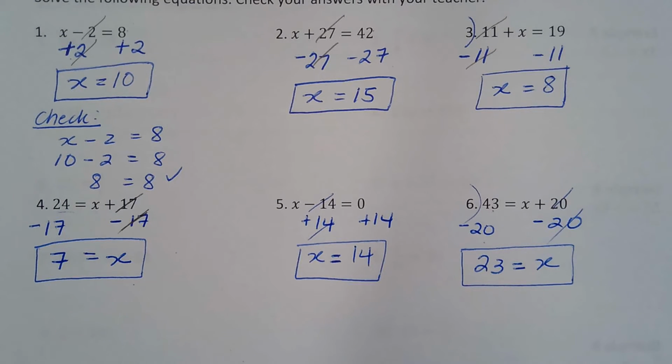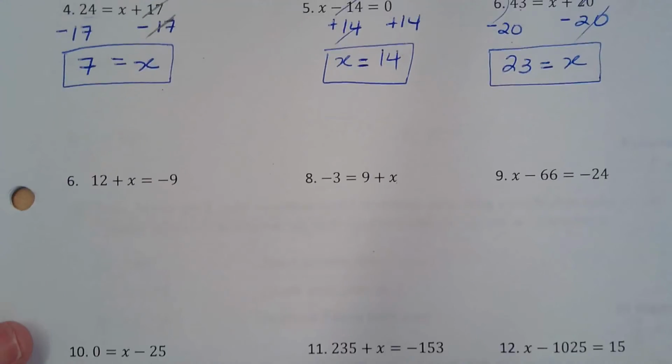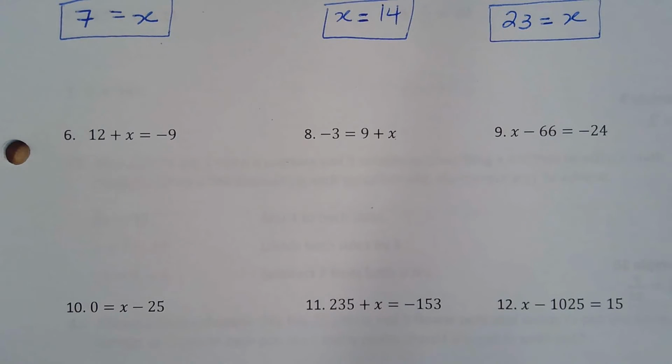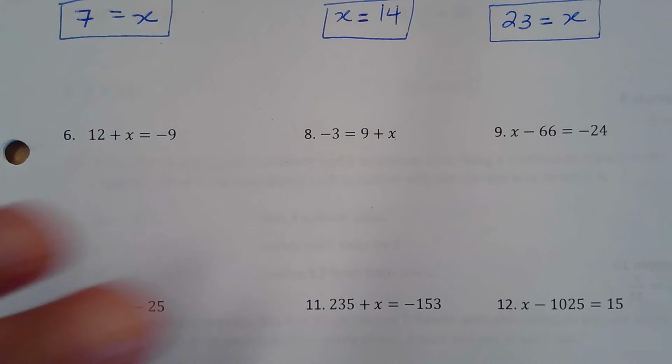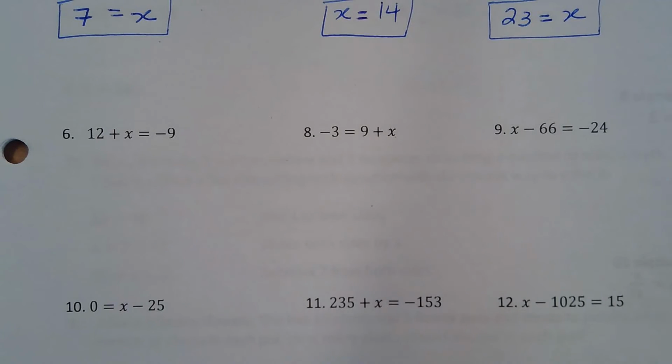Okay, I'm going to finish this up. I'll post it on the blog, and I know some people already have the answers here. If you're not finished, you can continue working on that later, and you can double check.